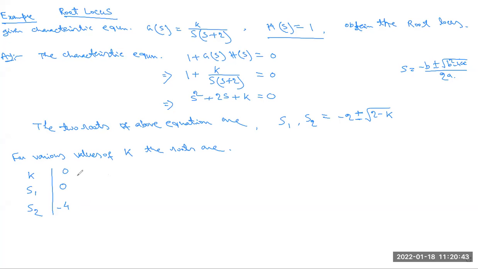Okay. So, right now, this is minus 2 plus or minus root over 2 minus k. So when k is 0, that means 2 minus 0, that means root over 2, that is 1.414, something like that. This value is coming positive, and this is the minus.